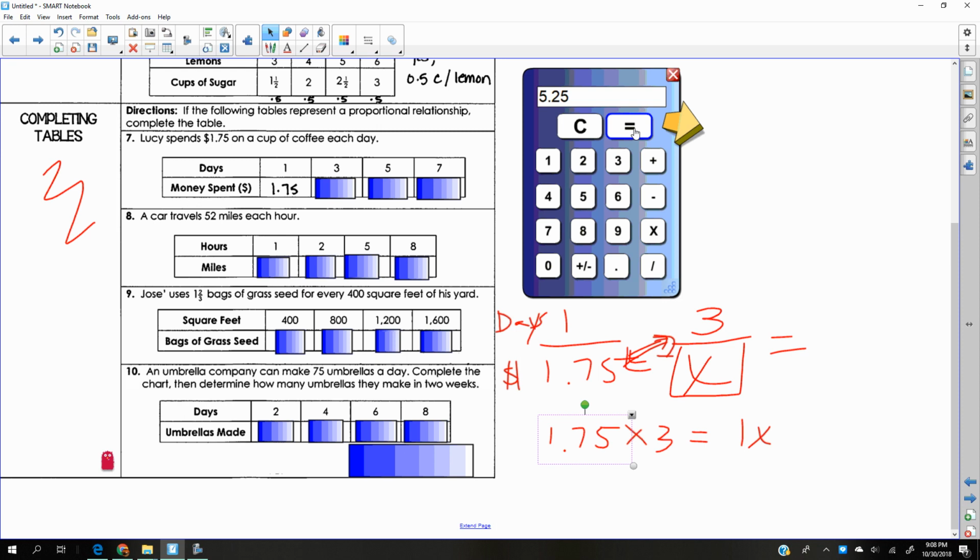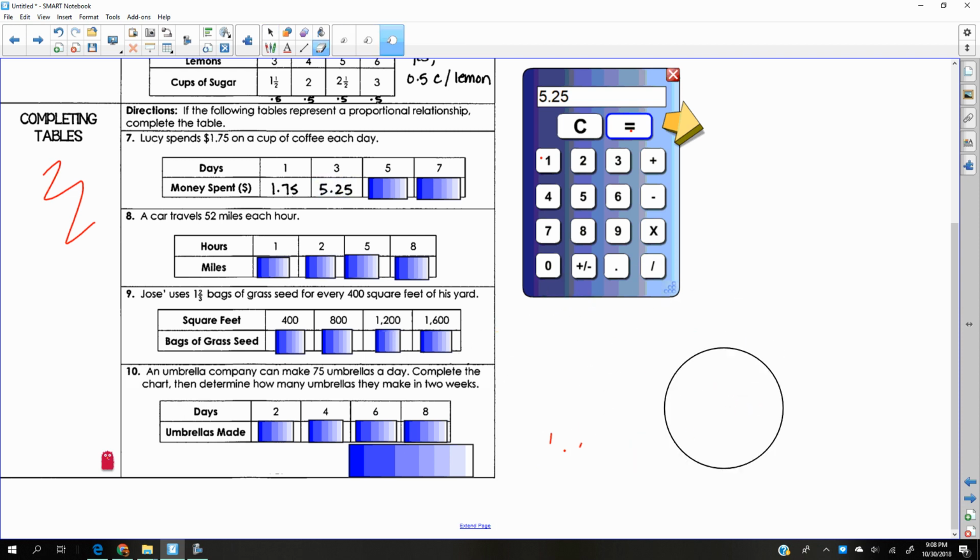And then you divide what's left, which is the 1. Divide it by 1, and of course 5.25 divided by 1 is 5.25. So it's the same exact thing. Okay? All right, and let's see if it's right. We go back, we look at it. Yes, it is.